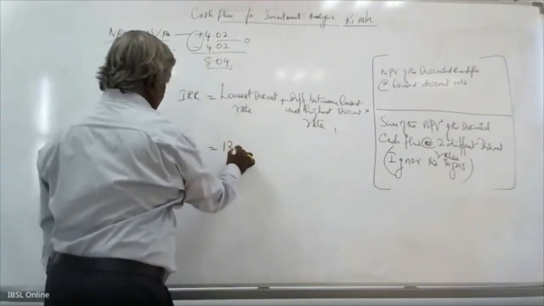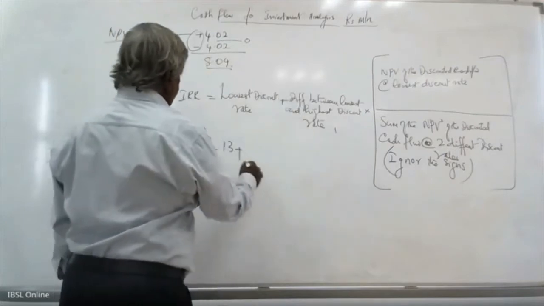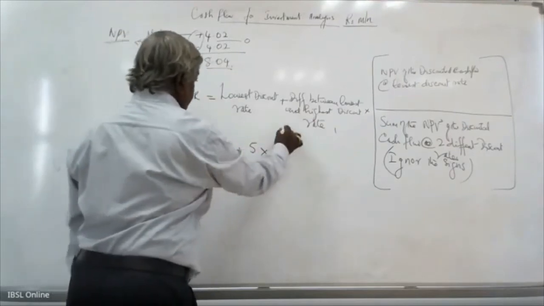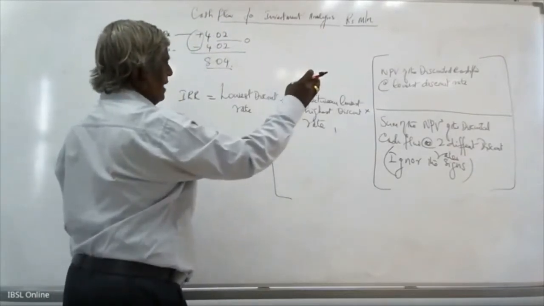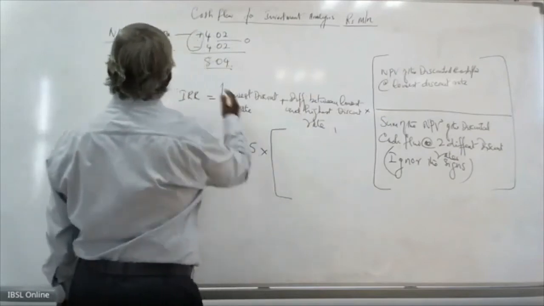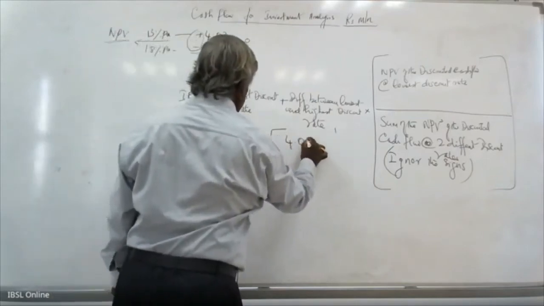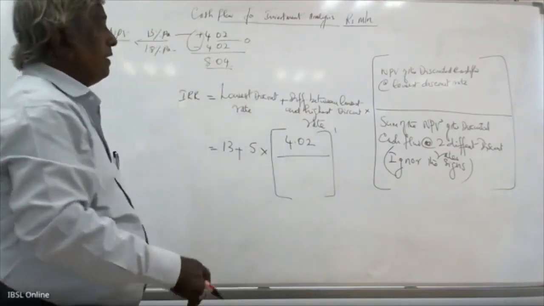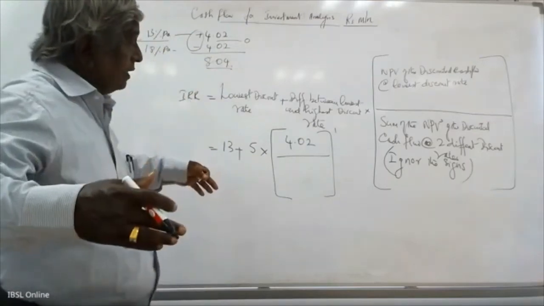13 plus the difference between the lowest and the highest discounting rate, 13 and 18, that is 5, into the NPV of the discounted cash flow at the lowest discount rate, that is 13, sorry, NPV 4.02, then divided by the sum of the NPVs of the discounted cash flow at two different discount rates.